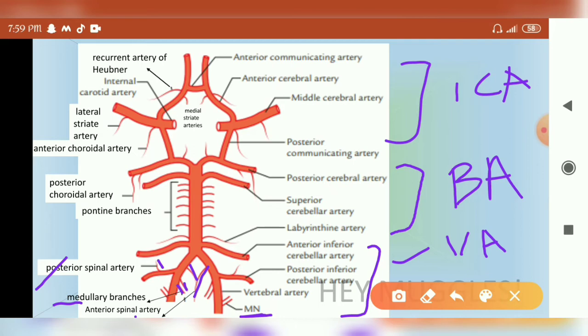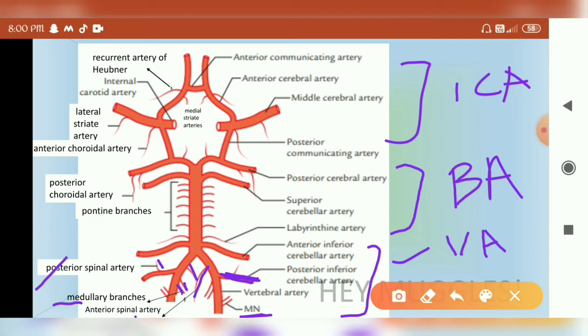Then we have the posterior inferior cerebellar artery. This is the largest branch of the cranial part of the vertebral artery, and as the name suggests, cerebellar artery, it is supplying the cerebellum, right? So these were the branches of your vertebral artery.